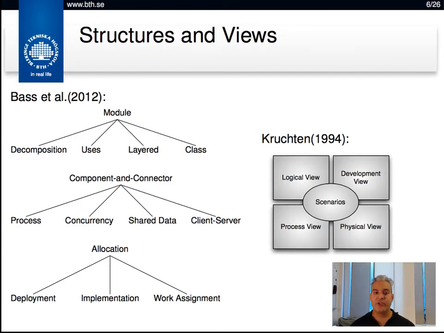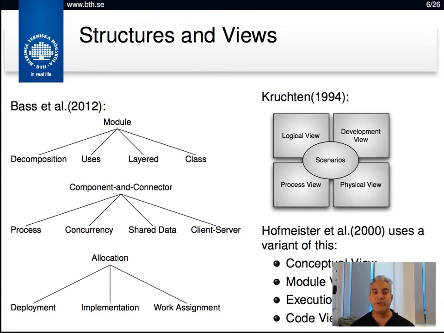A software architecture can be defined in many different views. So Bass et al. have a module, component and connector, and allocation views. Kruchten has a logical view, development view, process view, and a physical view. Hofmeister, which I tend to use a lot, has a conceptual view, which is nothing about how we're going to build it, but it's our conceptual understanding of the components we need.